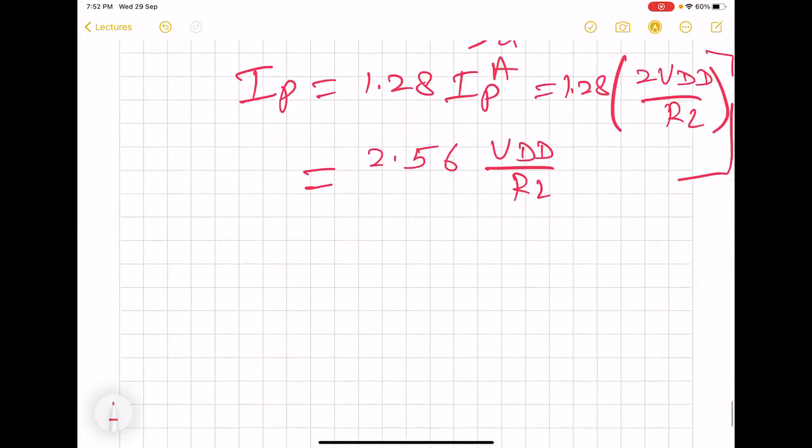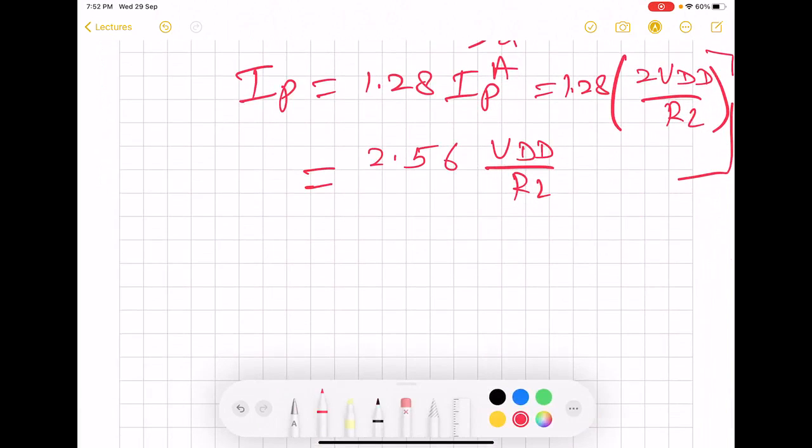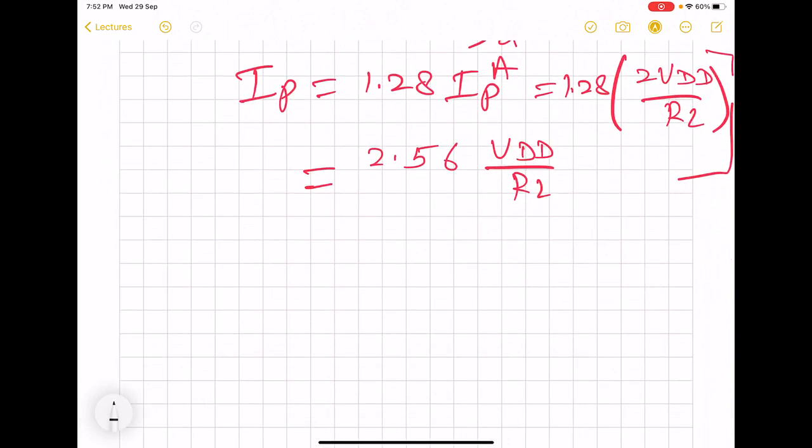So the device will be in a safer zone when we use it in class D operation. Now we would like to calculate the output power capability.